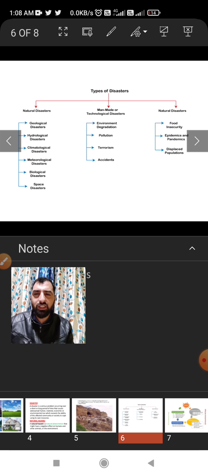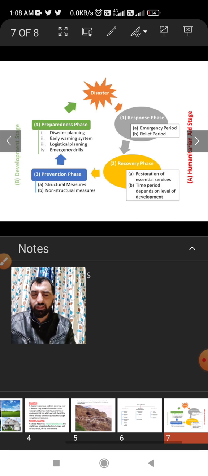Likewise, we have geological disasters which are because of the geological processes, and the examples of these geological disasters are earthquakes and volcanic eruptions. So, with this, I would like to say that it is the need of the hour to prevent and control these disasters.